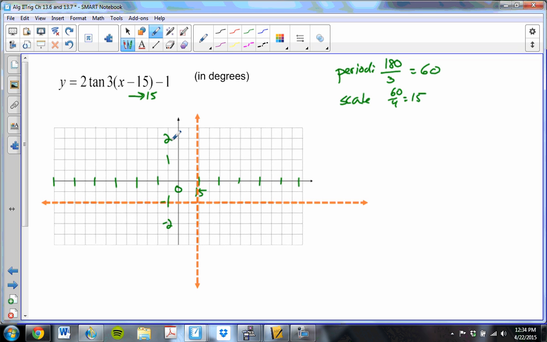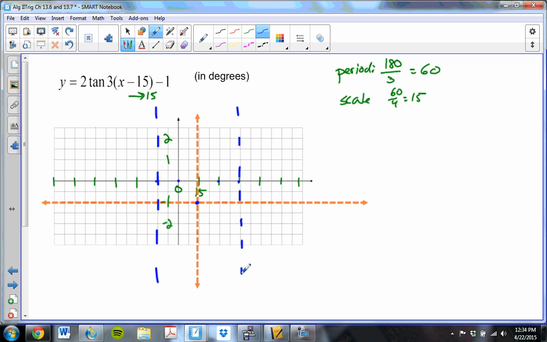So now everything is centered around this middle orange point. So really from this point here, I want to go right 4 hashes. 1, 2, right 2 and left 2. So there's right 1, 2, and there's left 1, 2. These right here are now my asymptotes, because everything was phase shifted to the right 15.